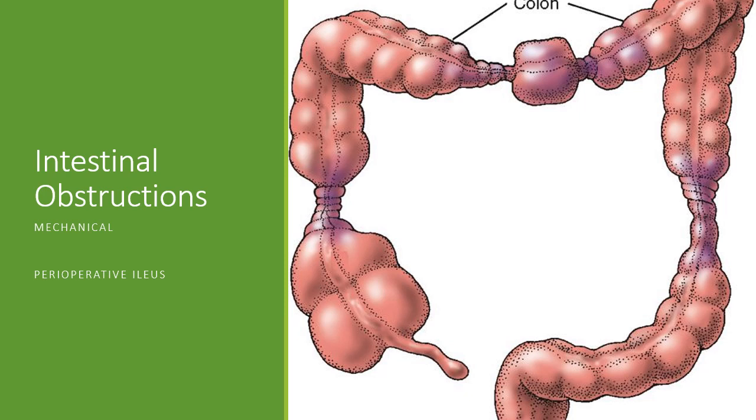And so you have the potential for a worsening condition, because hypokalemia can lead to an ileus. And then you can also get metabolic alkalosis from the loss of the hydrochloric acid from the stomach.